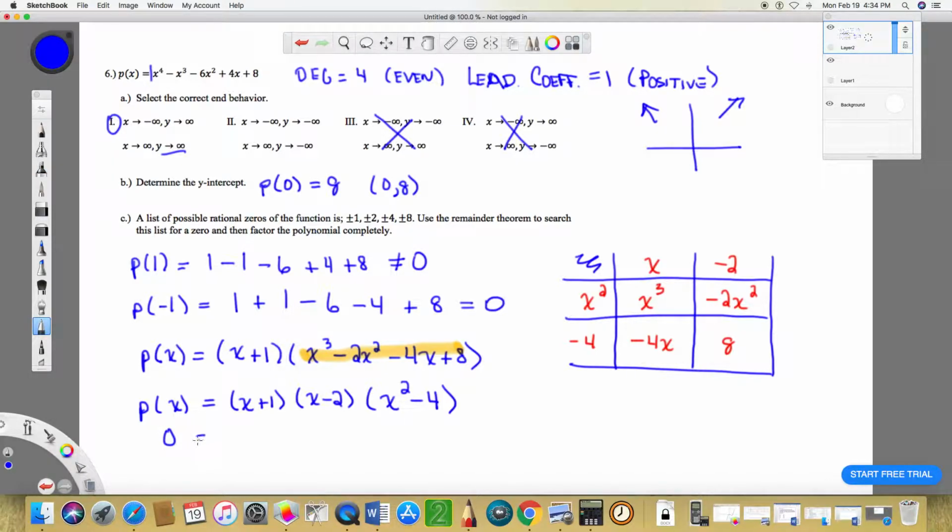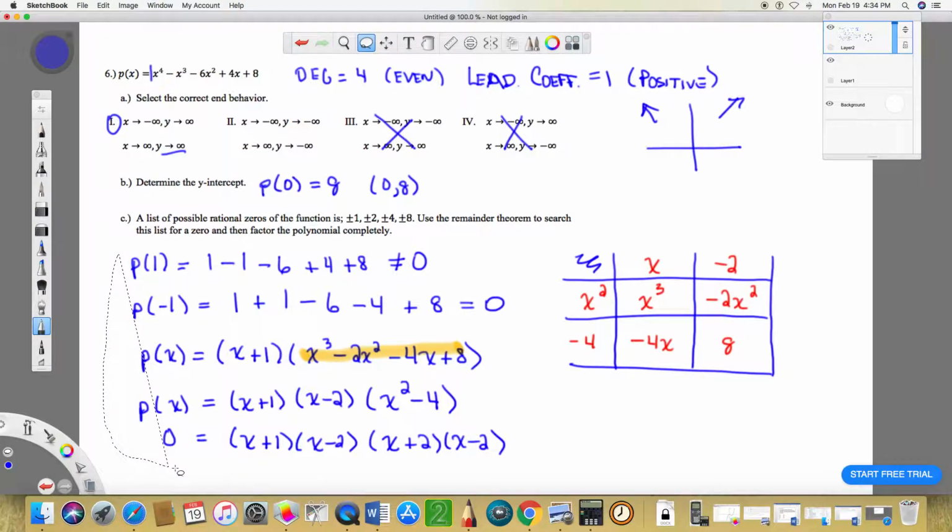If we set this equal to 0, this x squared minus 4, we can continue to factor it to x plus 2 times x minus 2.